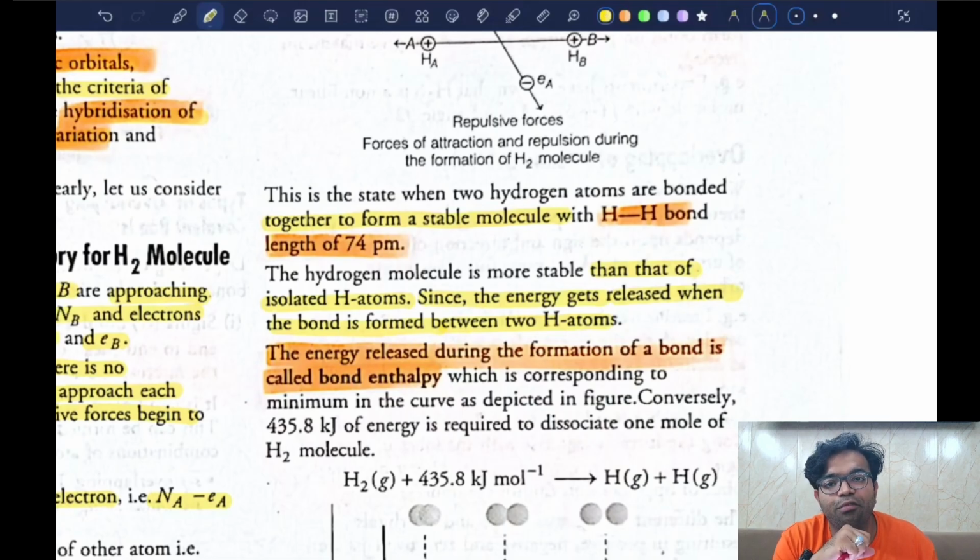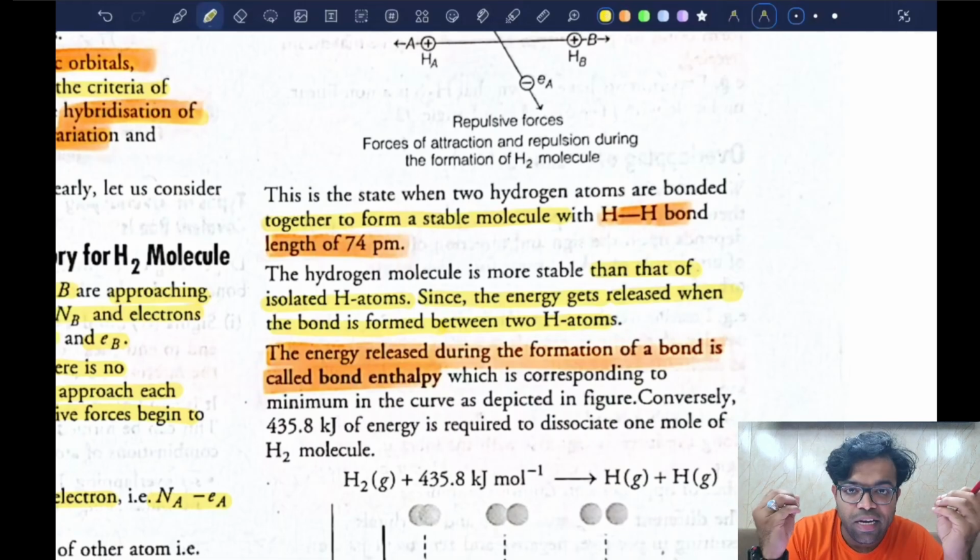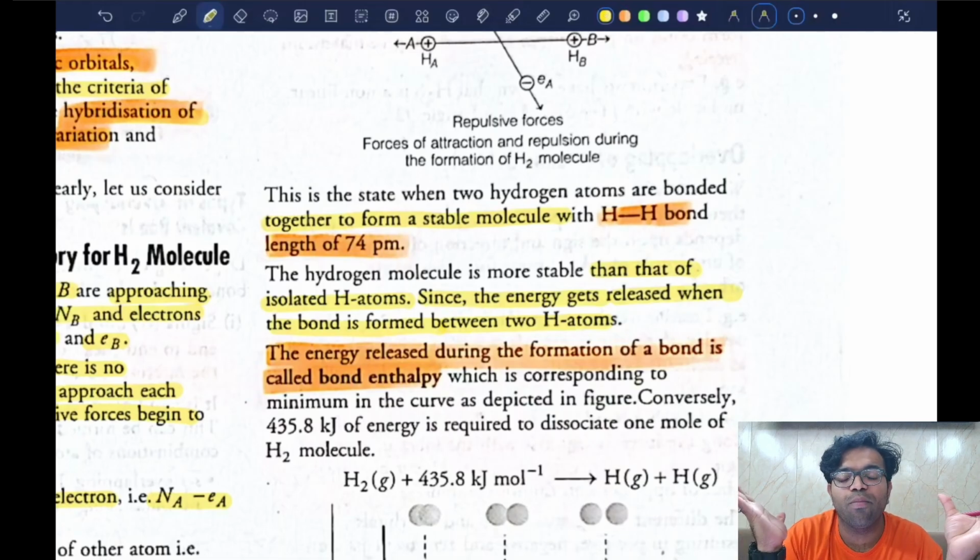But when they formed the bond, they became stable because they released some excess energy while forming the bond. So when you want to break a bond, you have to provide the same amount of energy. Is this clear?